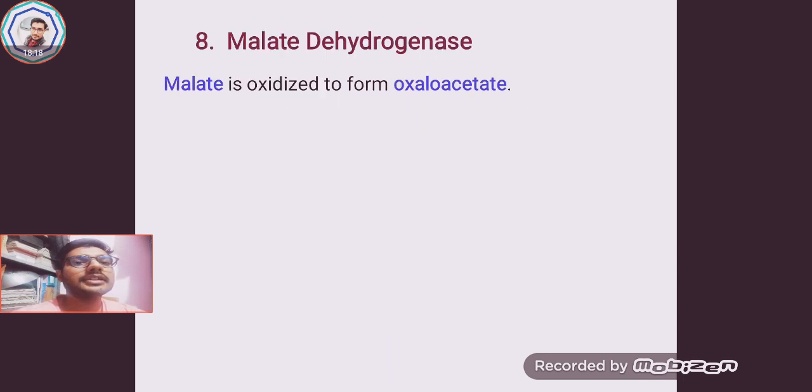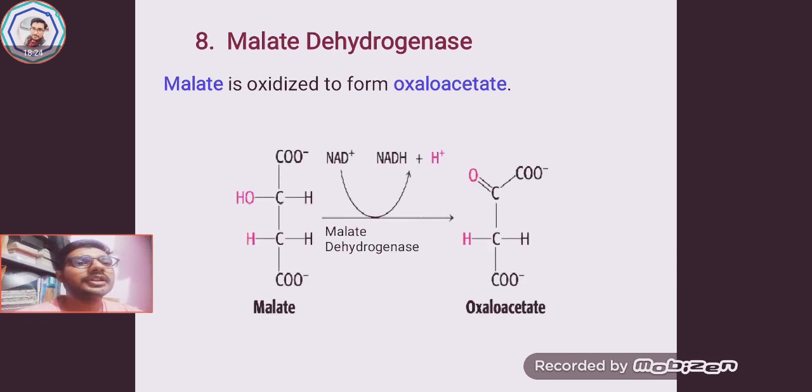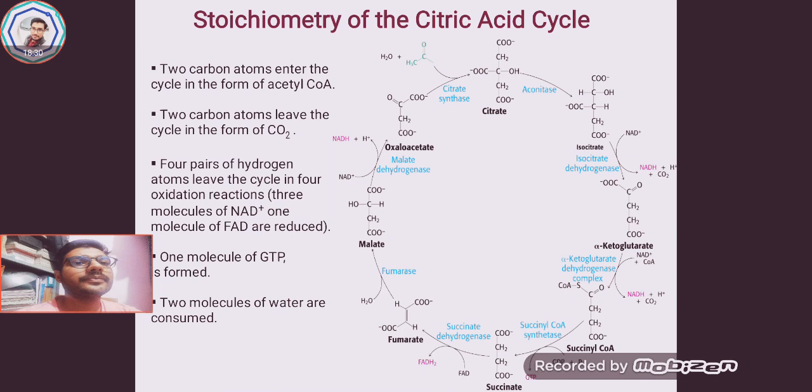The last enzyme is malate dehydrogenase. Malate is oxidized to form oxaloacetate with the help of malate dehydrogenase.